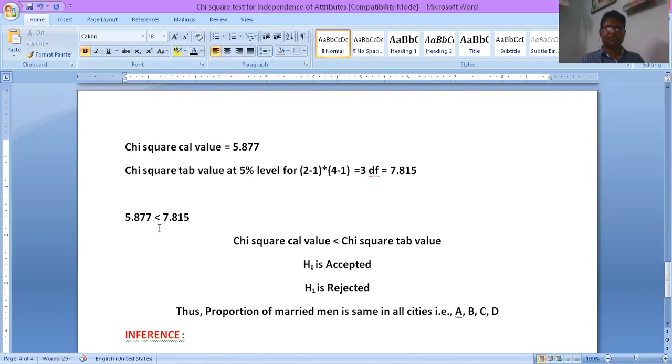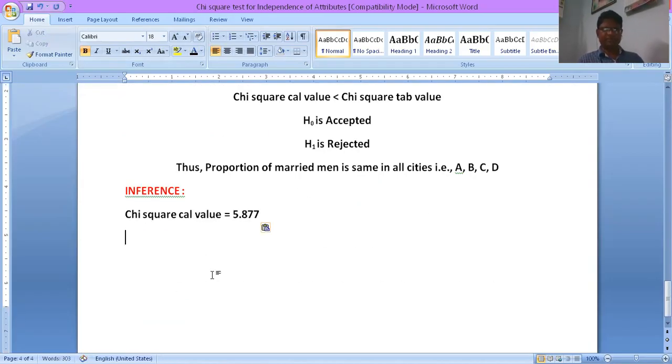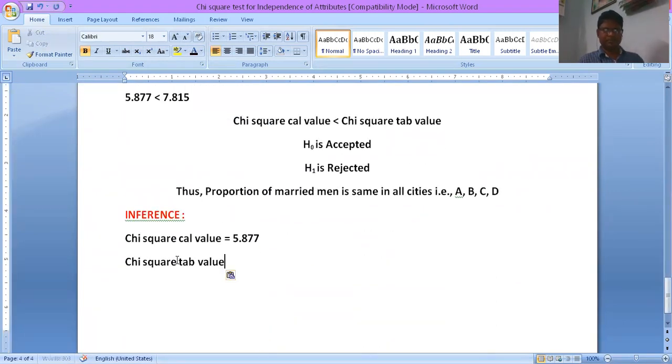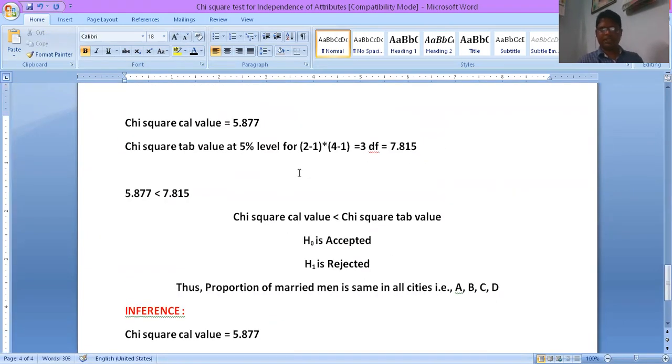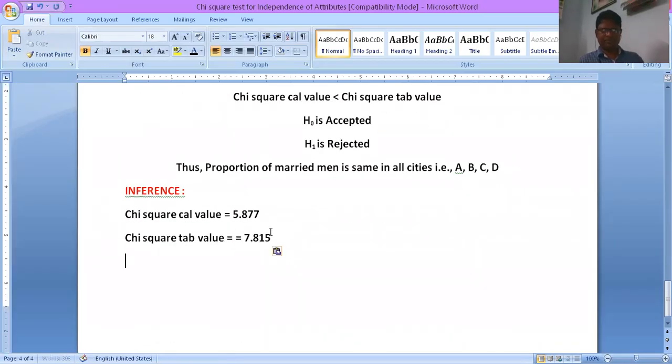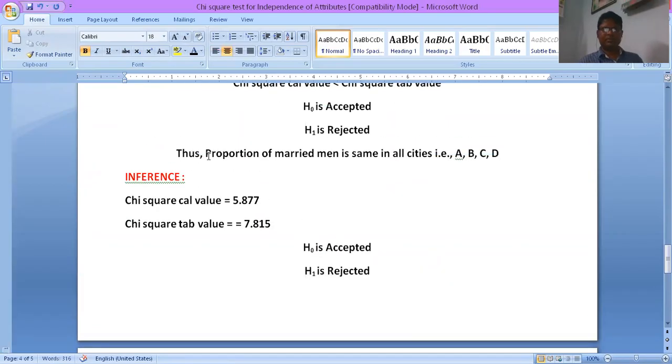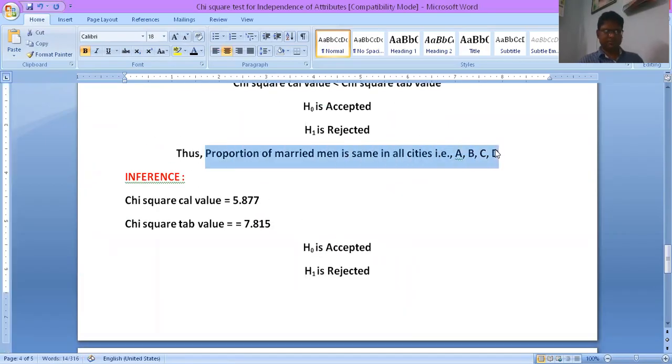So in inference, first mention the chi-square calculated value so far obtained. Next, chi-square tabulated value, and it is 7.815, and the result is H naught is accepted, H1 is rejected, the conclusion part.